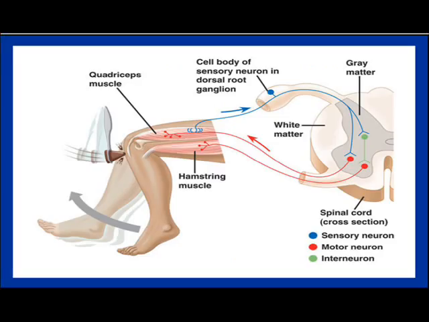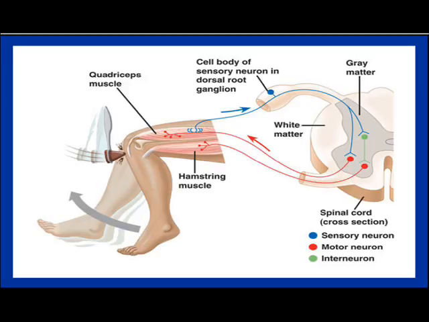You may be in the doctor's office, right? You've been hit on the leg, below the knee. And you get an involuntary response, boom. Leg shoots out. Does that engage the central nervous system? No, it doesn't. It's a reflex. So the doctor hits you with a hammer just below the knee. That information is picked up in the quadriceps muscle.